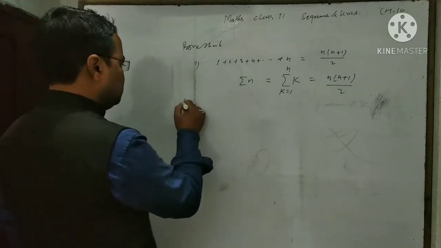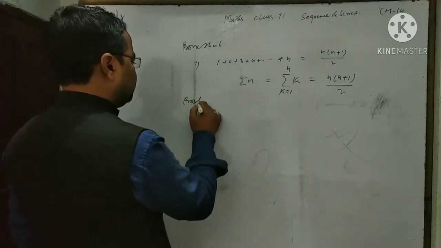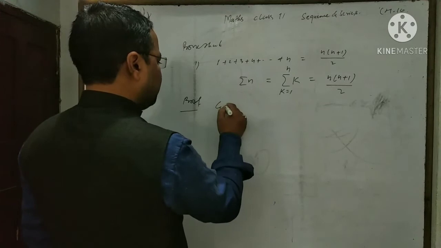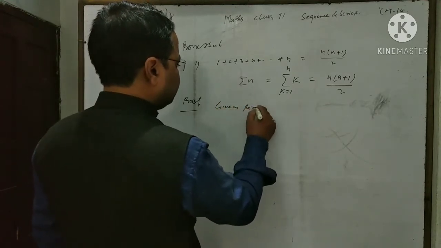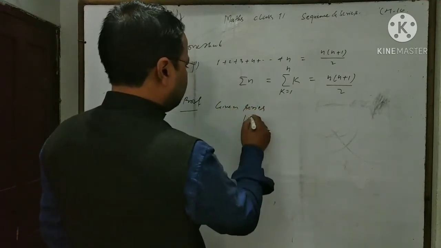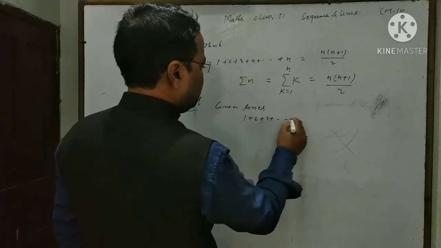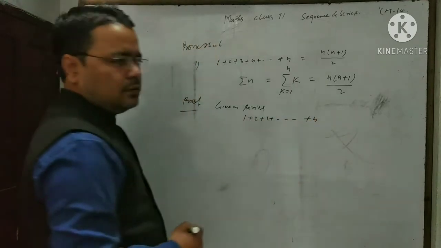Here, how do we prove it? The given series is 1 plus 2 plus 3 up to n.